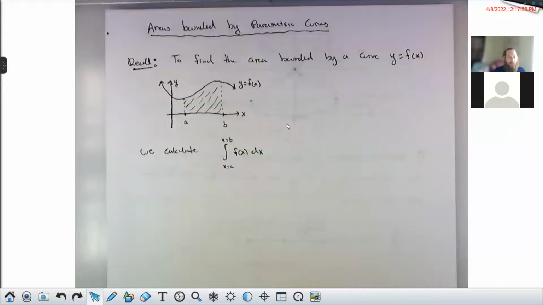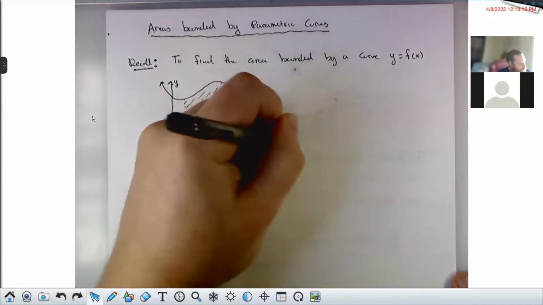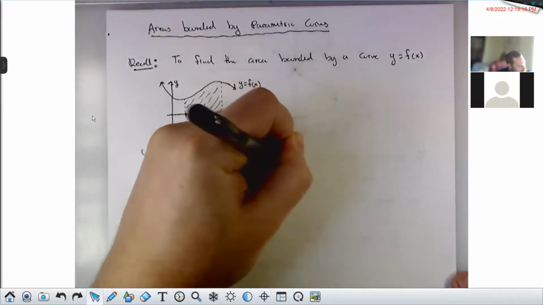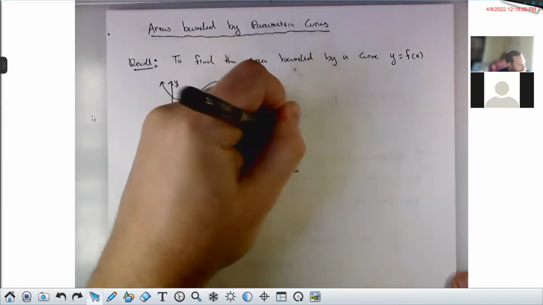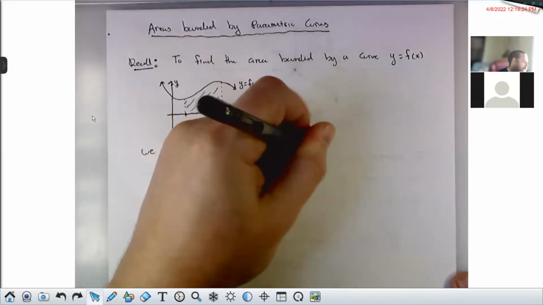The thing I really want to drive home, I mean, I wrote it twice on the page here, is that the way the graph of a function is defined is that y is equal to f of x. What that means is that the y value on the curve here is equal to f of the x value. So this is the same thing as the integral from x equals a to x equals b of y dx.